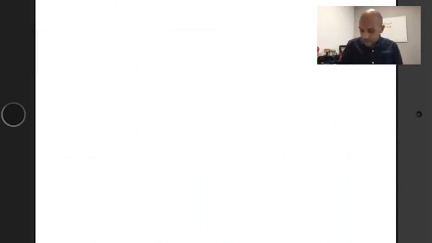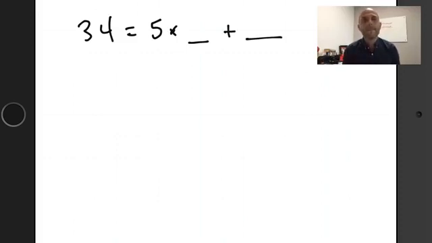So let's start with 34. And see if you can help me fill in the blanks here. So 5 times some number plus another number to give me 34.